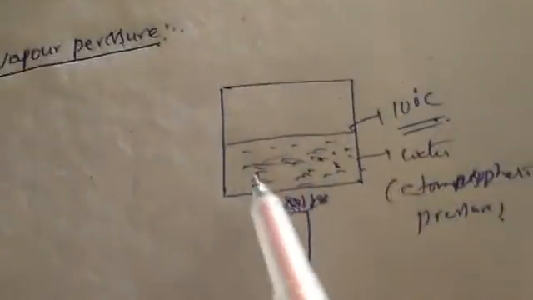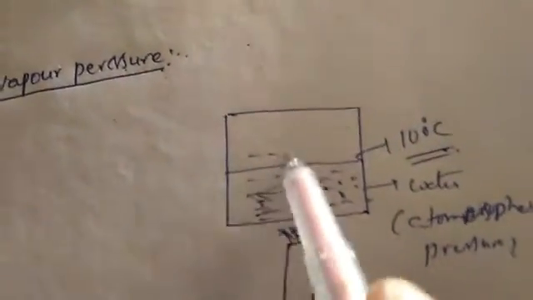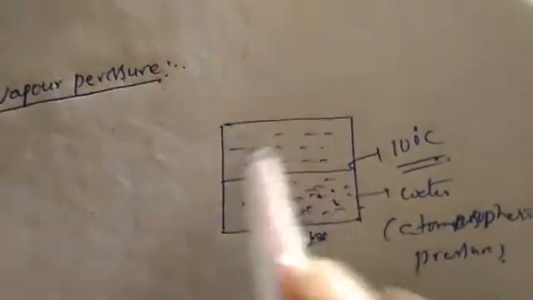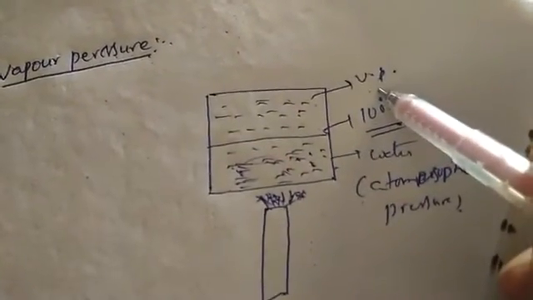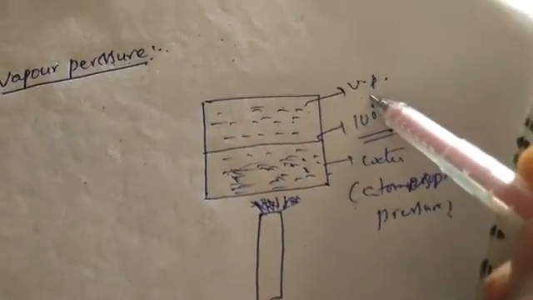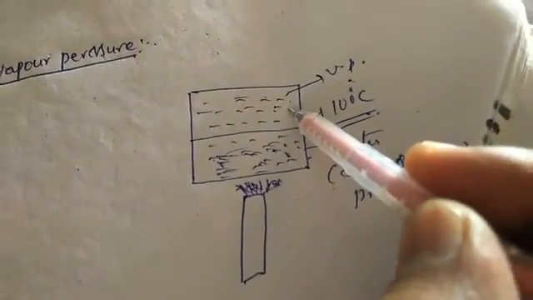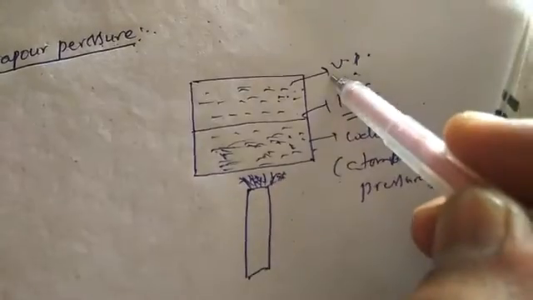At that time, water is converted into vapors. These vapors exert pressure over the liquid water. So this is vapor pressure.